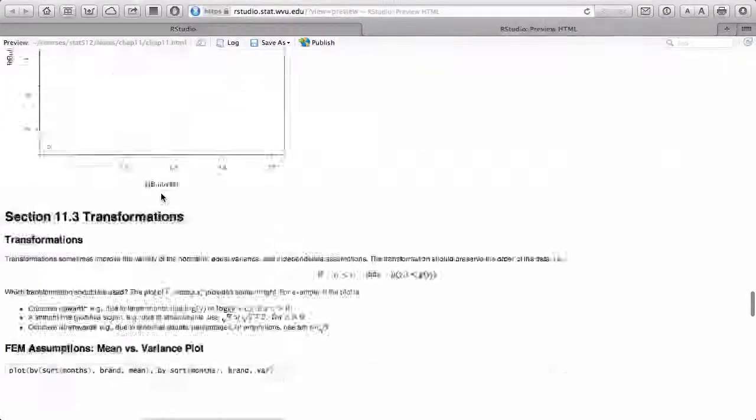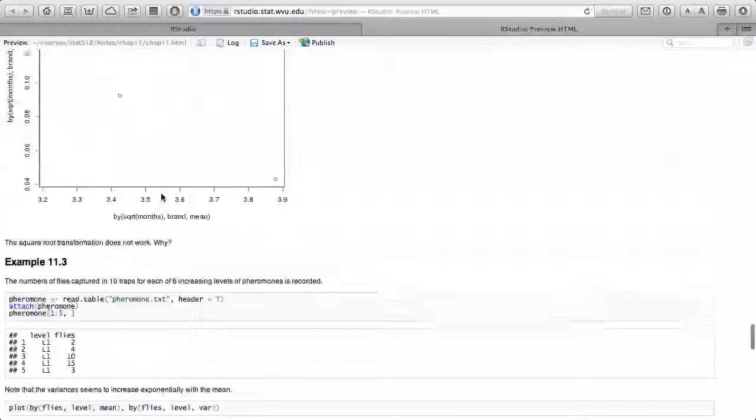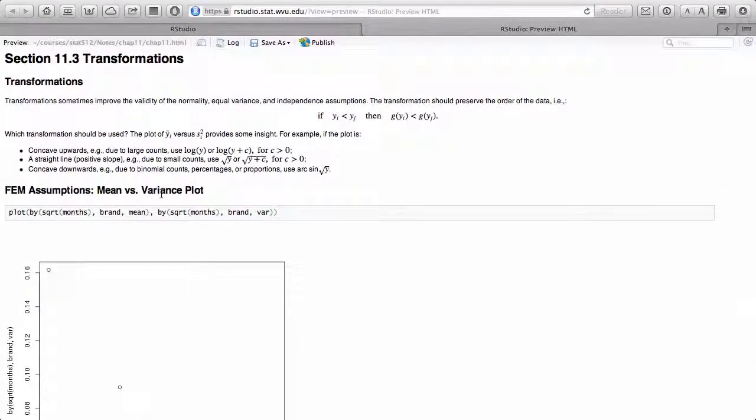When we look at that particular graph, if it's concave upwards, it implies that the variances are increasing with the means, then a log transform may work. The most common instance is a log of y or the log of y plus 1. The log of y plus 1 is fairly common because a lot of times we are dealing with counts, and of course you can get a 0 count, and you don't want to take the log of 0.